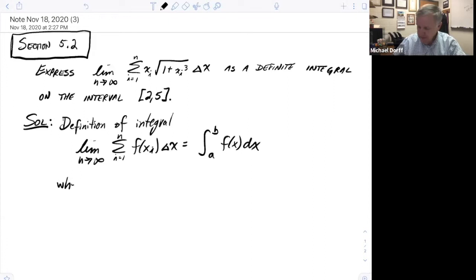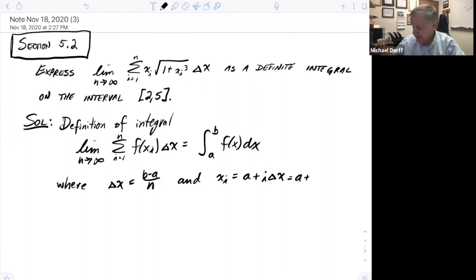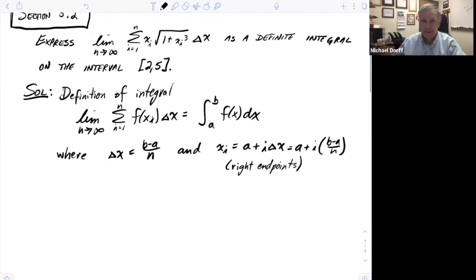And in this case, we know that delta x equals b minus a over n, and x sub i is going to equal a plus i delta x, or which you could also write as a plus i times b minus a over n. All right, and this means that we're using the right endpoints when we do this definition here.